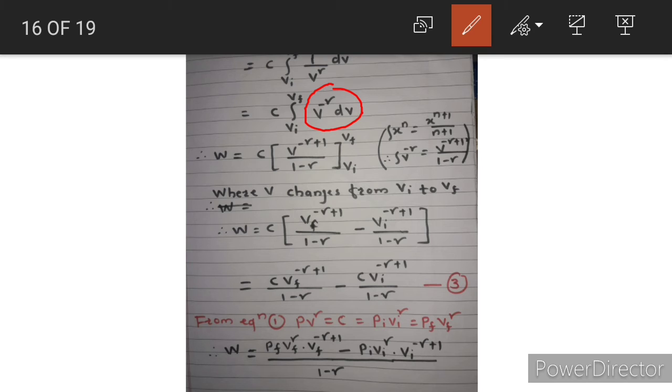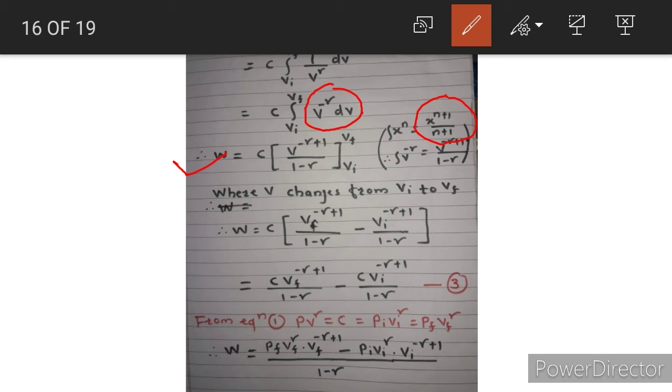In mathematics we know that the integration of x raised to n is equal to x raised to n plus 1 divided by n plus 1. Therefore, the integration of V raised to minus gamma is equal to V raised to minus gamma plus 1 divided by 1 minus gamma. So C into the bracket, V raised to minus gamma plus 1 divided by 1 minus gamma, bracket complete, and V changes from Vi to Vf.